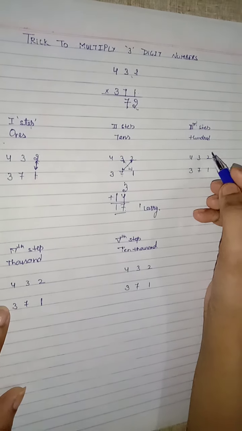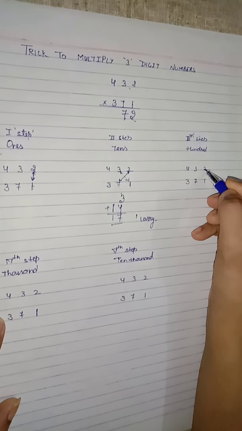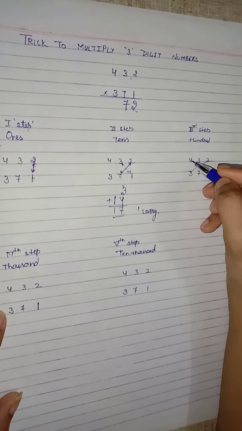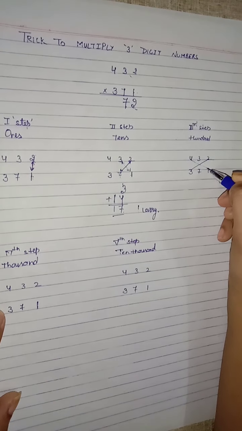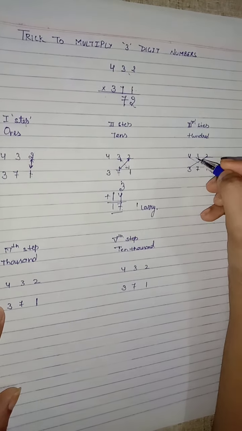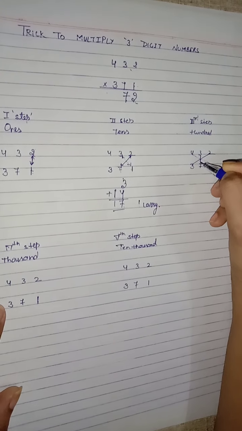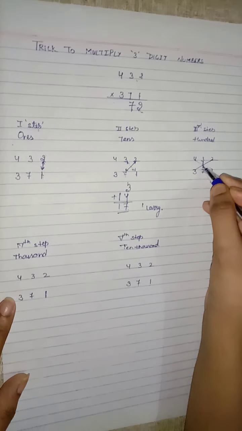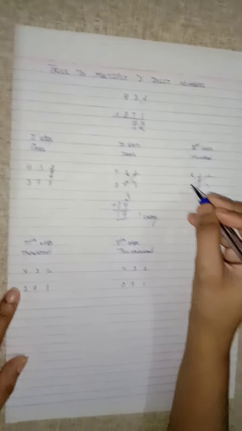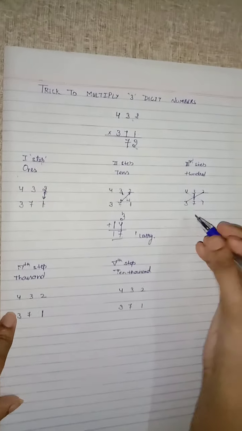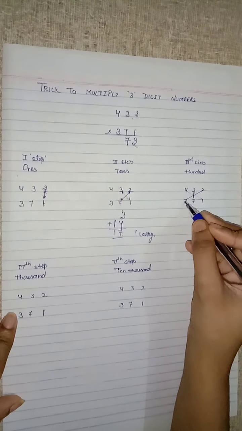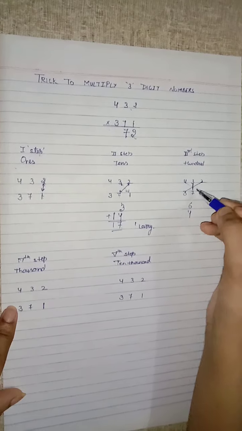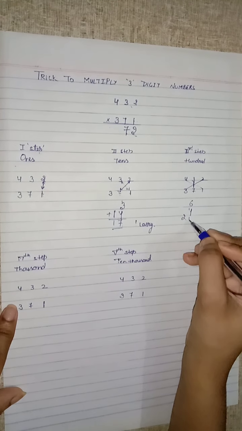Now we will multiply the ones digit with the hundreds digit and this ones digit with the hundreds place digit and then these two tens digits. First we will cross multiply and then straight multiply and then we will add all the three numbers. So 2 3s are 6, 4 1s are 4 and 7 3s are 21.